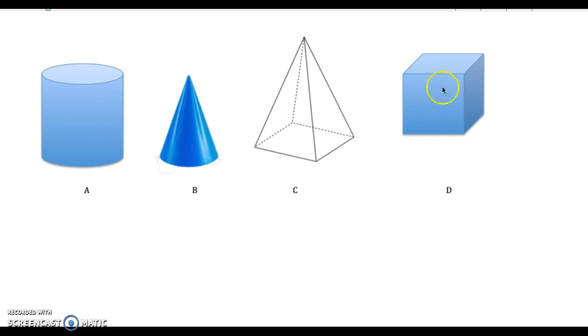We then move on to object B, and this one is a cone. Then object A is a cylinder, and object C is a pyramid, but this pyramid is called a square-based pyramid. We can also get triangular-based pyramids as well.